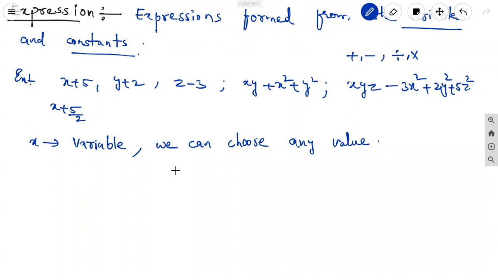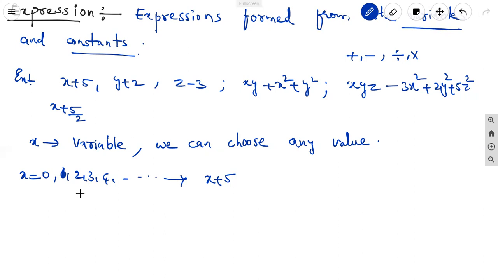Those are the numerals. If we take x equal to 0, 1, 2, 3, 4, and so on, those are the values we can take. We can take either a definite or a countable indefinite set of values. These values can be substituted in the expression x plus 5.